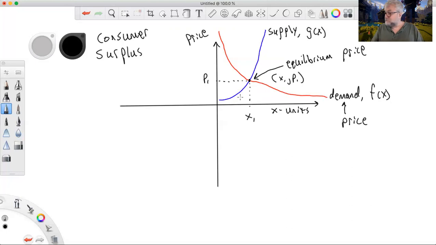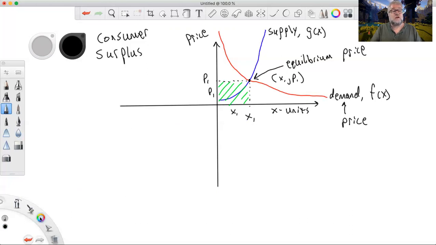Okay? Now, if I go and I look at, let's do this in green, I guess. This area would be our total revenue, because if you look at the area under here, this width is the number of things times the price of each of those things.